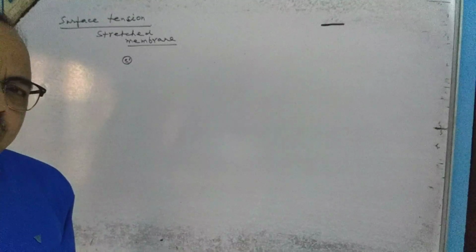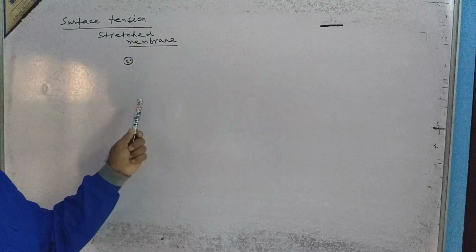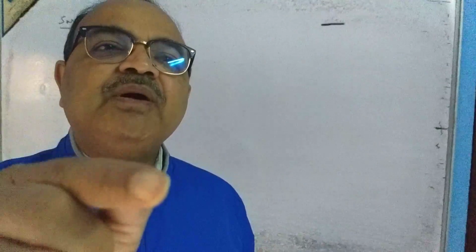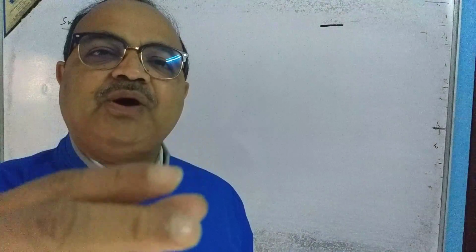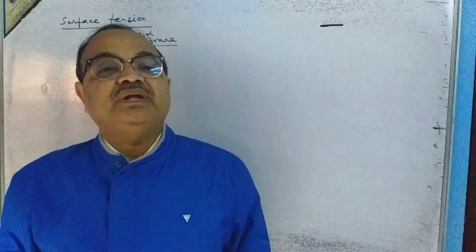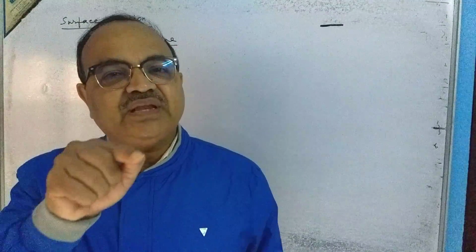But mind this, small raindrops are always spherical in shape because a sphere has the minimum area for a particular amount of liquid. The sphere is that geometrical figure which has the minimum possible area. So it will have the spherical shape.